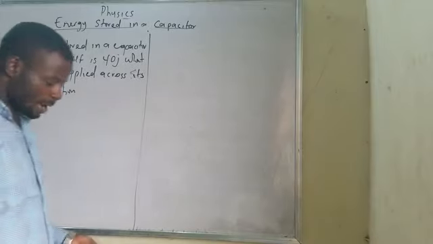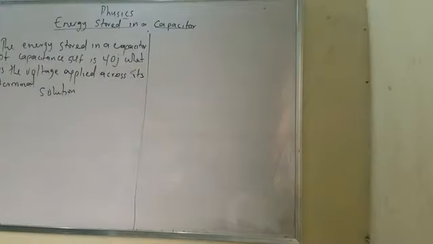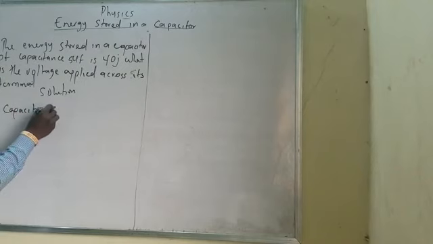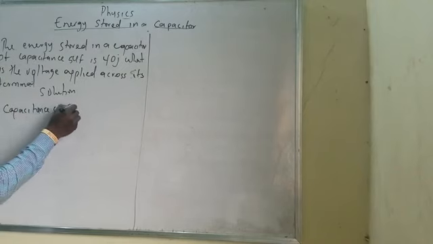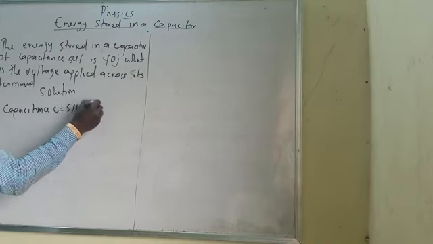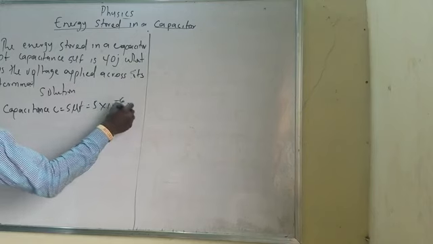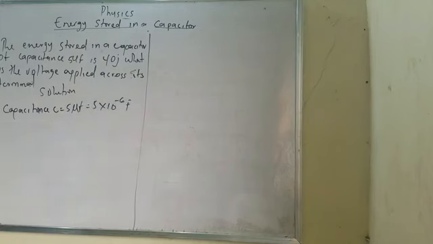I have this problem and I want to solve it. I have my capacitance, which is going to be C equals 5 mF, which is 5 multiplied by 10 raised to power minus 6 farad. Now, I just convert to farad anyway.